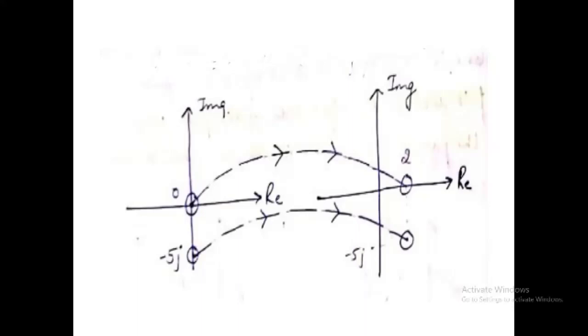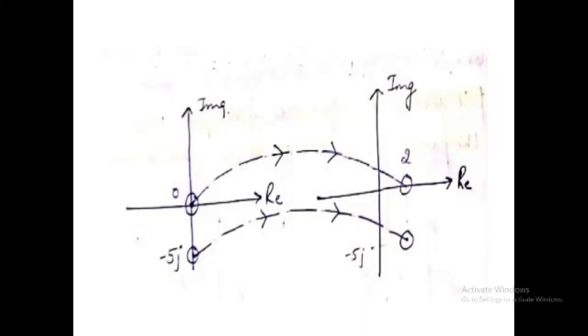P is the number of poles of P(S) lying in the right half of the S plane, and Z is the number of zeros of P(S) lying in the right half of the S plane.